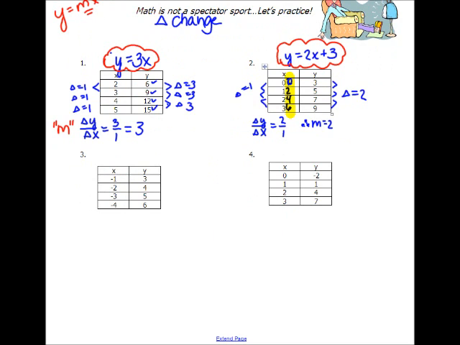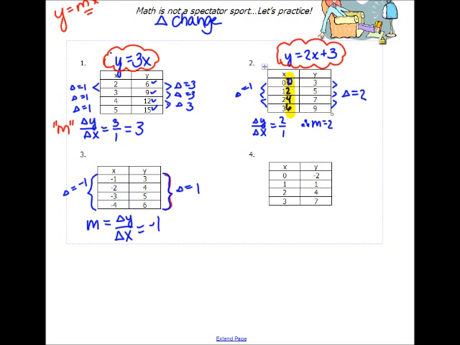I want you guys to come up with your delta y over delta x. You can pause here if you need to. All of these changes, I'm going to stay in blue, are 1. And all of my x changes are negative 1. Makes a difference. So my slope, which is delta y over delta x, equals negative 1.